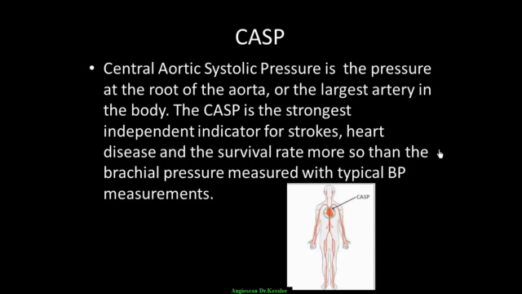Now, I highly recommend everybody read a study called the CAFE study, where they took people who had high blood pressure, hypertension, and put them on calcium channel blockers in one group, and another group was on beta blockers. Both of them worked to reduce the pressure at the brachial artery.